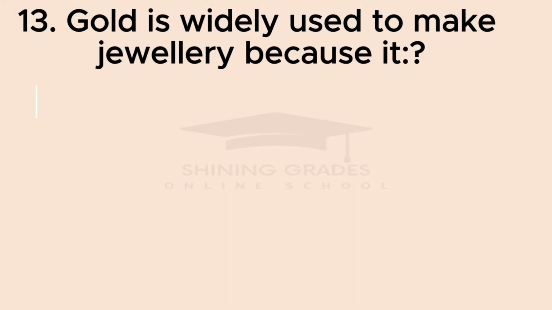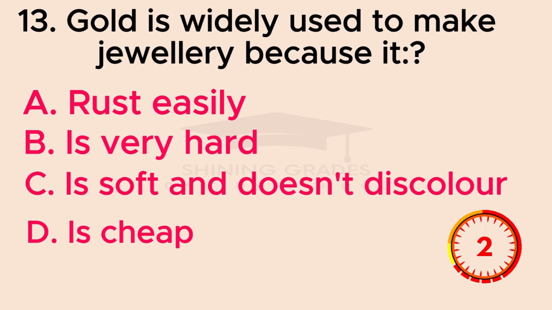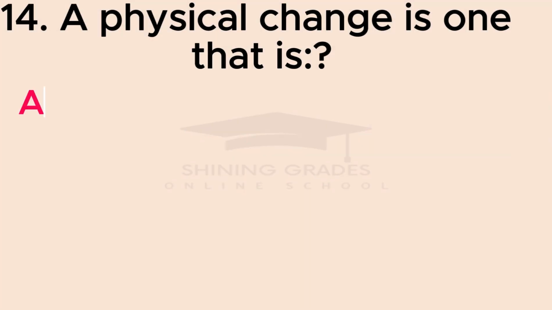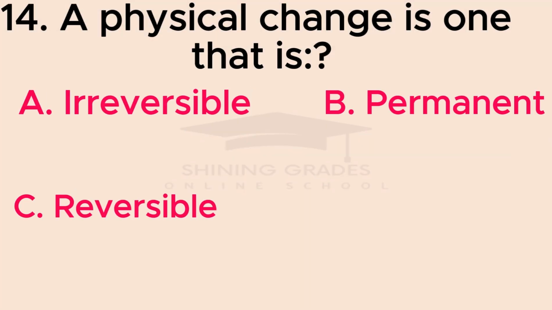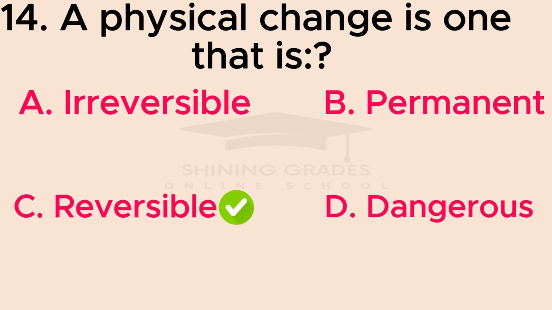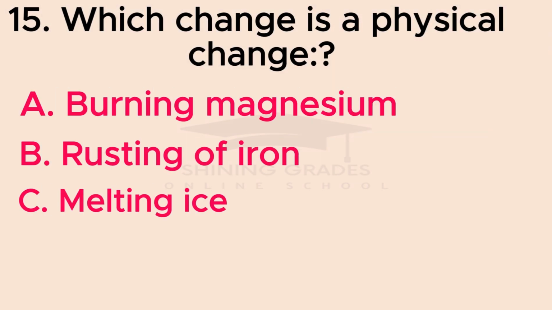Question 13. Gold is widely used to make jewelry because. Question 14. A physical change is one that. Question 15. Which change is a physical change?